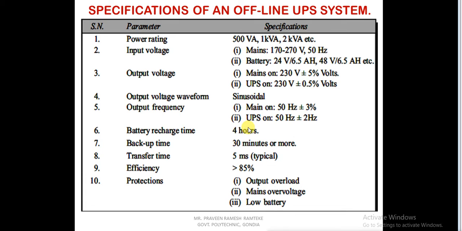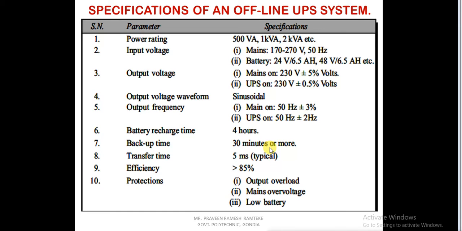It totally depends on this. For small applications, say 0.5 kVA or 500 volt amperes, the charging time may be 4 hours. But if it is a high power UPS, then the charging time is obviously more. Backup time is generally 30 minutes, and it can be more depending upon the load.